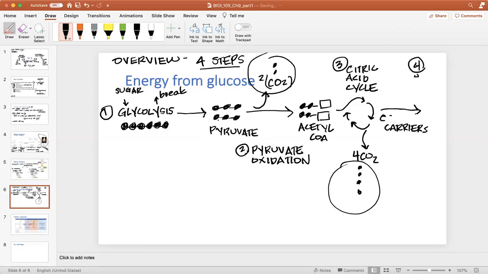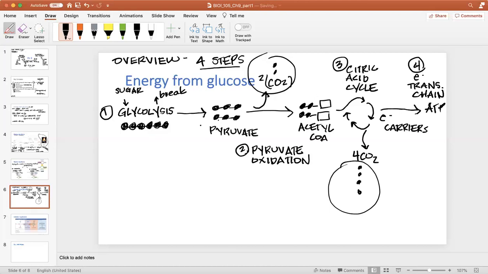It's called the electron transport chain, okay? And it is ultimately going to generate ATP, okay? So this is an overview of our 4 steps.